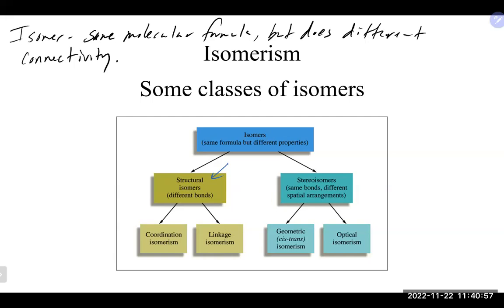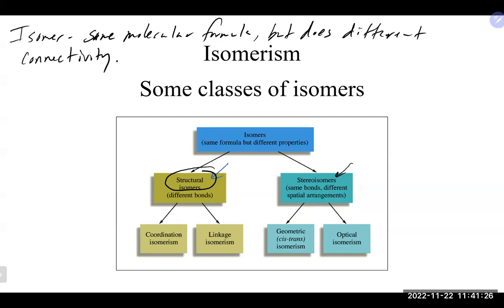So there are a couple of different classes of isomers we're going to talk about. There are structural isomers, which have different bonds. And underneath that, there are 2 types of structural isomers: coordination isomers and linkage isomers. The other type are referred to as stereoisomers. They have the same bonds, but different spatial arrangements.